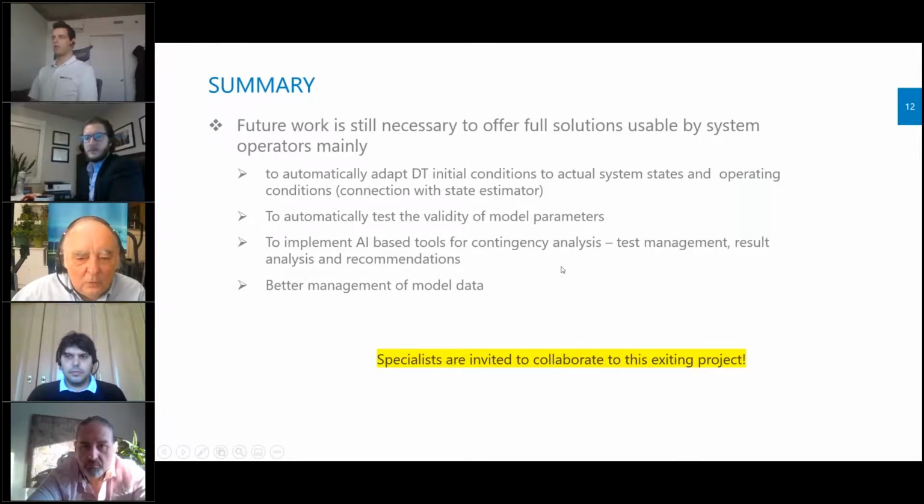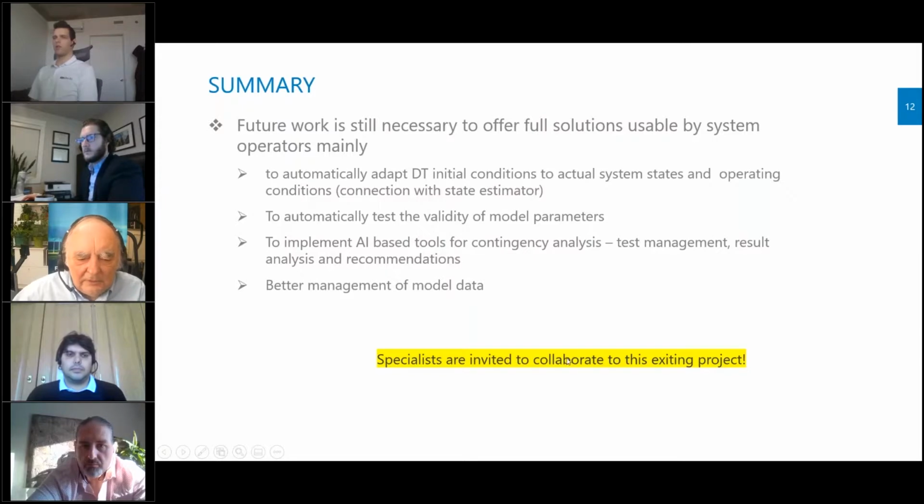So we need to find a way to validate that the models correspond to reality, how to implement good testing tools with maybe artificial intelligence based tools to help analyze the total system, and how to make better management of data models. So this is quite important.